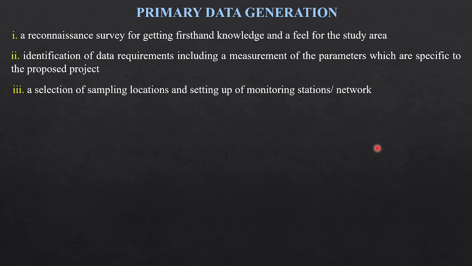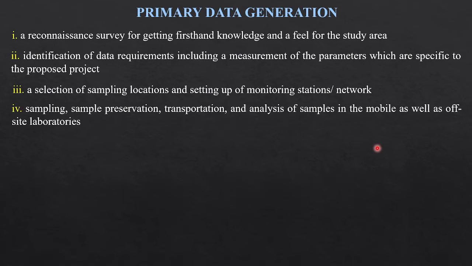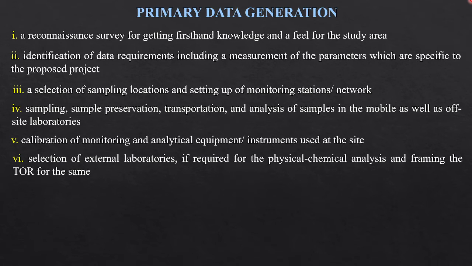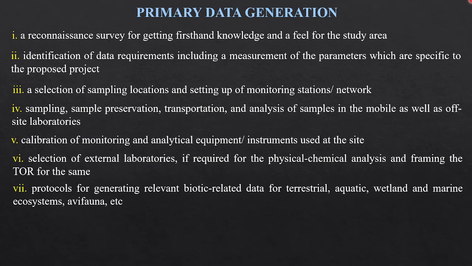Then you have to select the sampling site locations, set up the monitoring station network, and carry out sampling, sample preservation, transportation and analysis of samples in the mobile as well as the site office laboratories, calibration of monitoring and analytical equipment and instruments used at the site, selection of external laboratories if required, because NABL certified laboratories are required for physical and chemical analysis, and framing the TOR for the same.